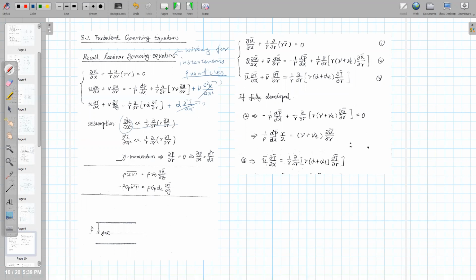We neglect Y momentum, assuming that the pressure is only a function of X, not a function of R. And again, when you do Reynolds averaging on these three equations, you will have additional terms.